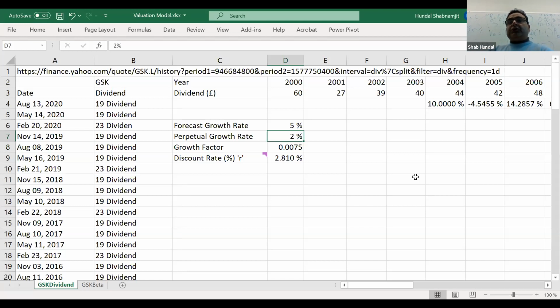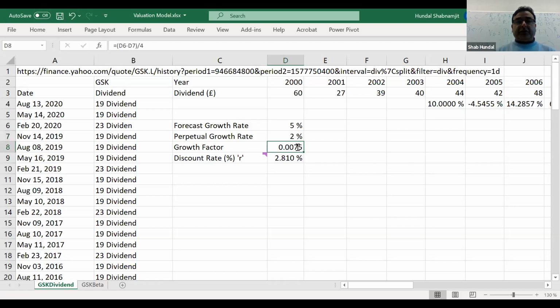If today's world was like the middle of the 1990s, which was fantastic for the stock market, if this year was a promising year, then my perpetual growth rate could have been the same or maybe even higher. But because we are living in depressing, dangerous, risky times, I deliberately put the perpetual growth rate, which is the end growth rate, at 2%.